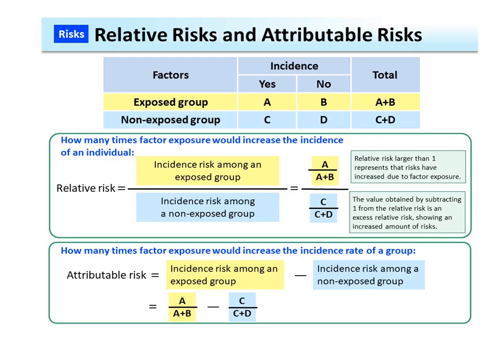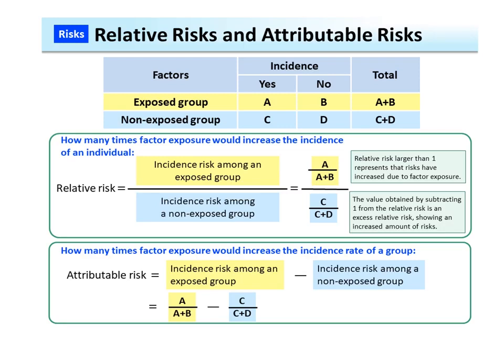As you can see here, relative risk, if you remember, assesses how many times a factor exposure would increase the incidence of an individual to have the outcome of interest. So relative risk is basically the incidence risk among an exposed group divided by the incidence risk among a non-exposed group.